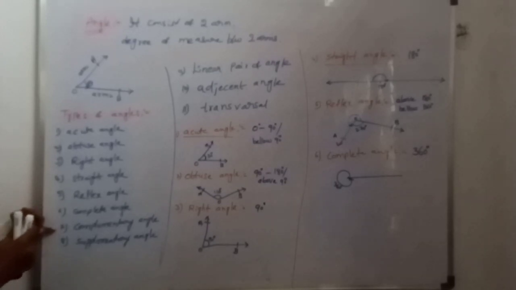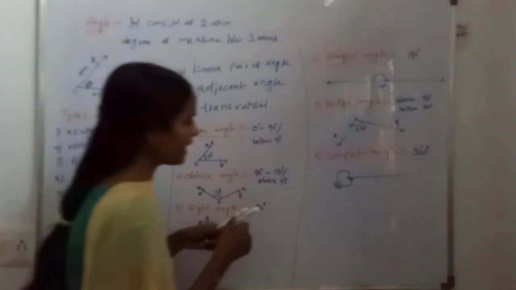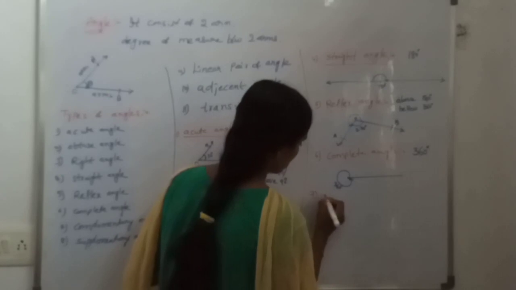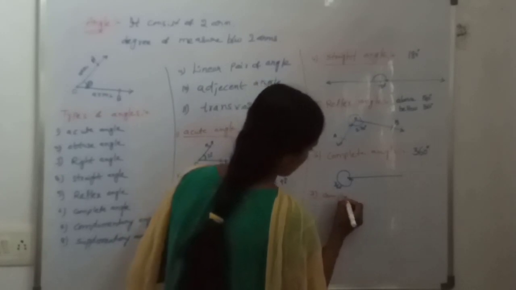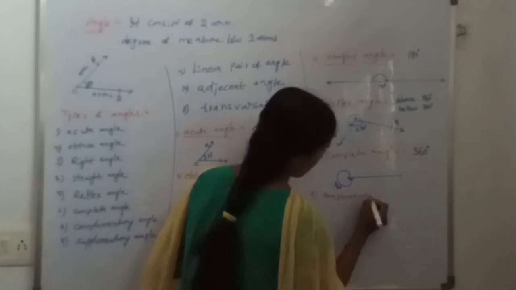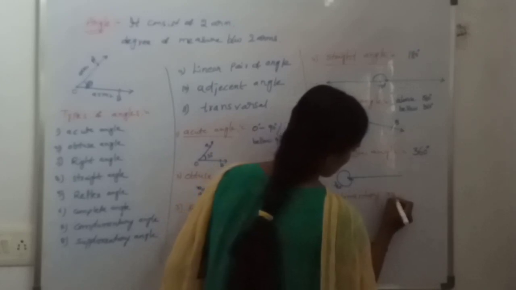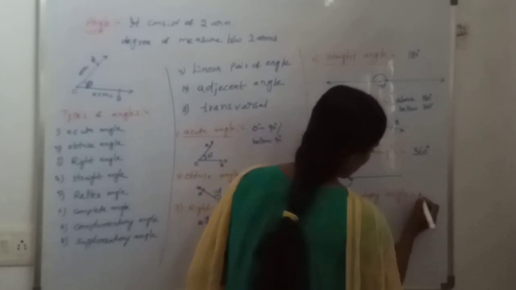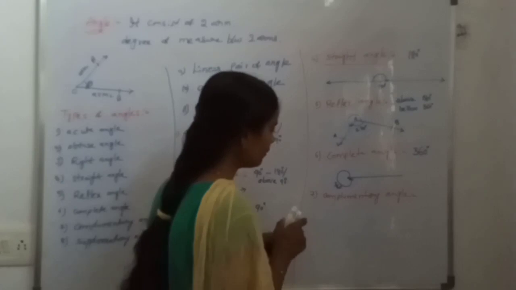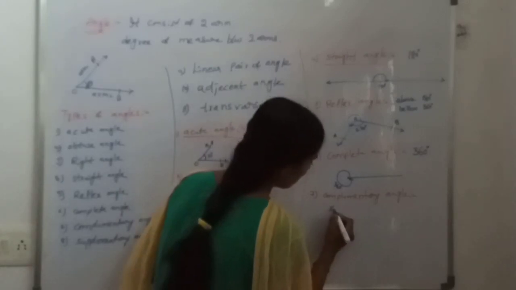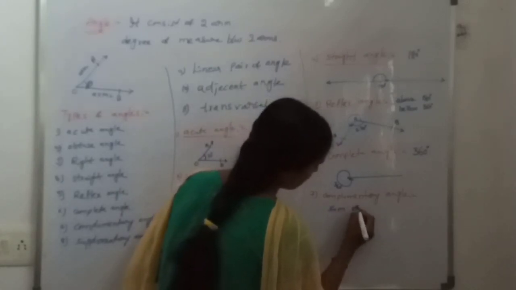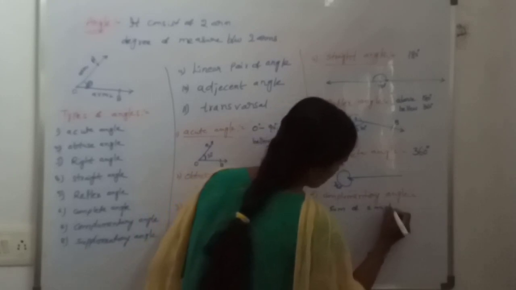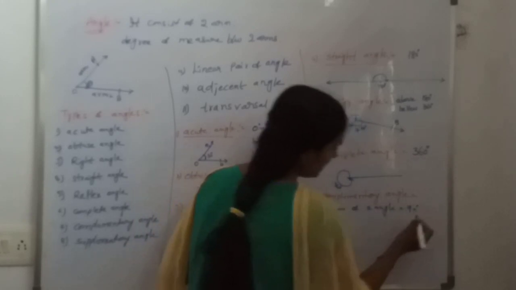After that, complementary angle. Complementary angle means the sum of 2 angles equal to 90 degrees. Only 90 degrees.